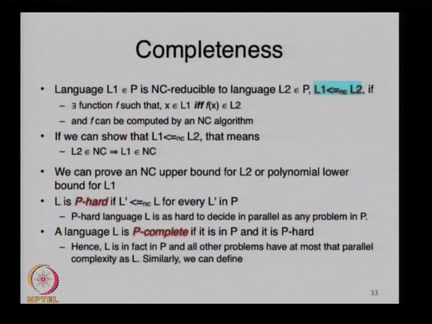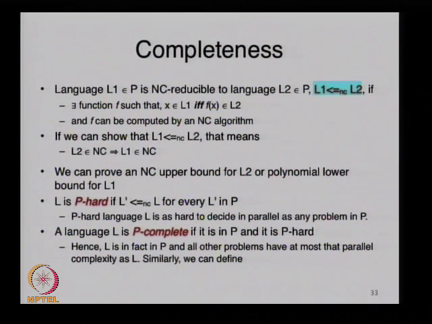And so we say L1, which belongs to P, is NC reducible to another language L2, which also is a polynomial language, which means its recognition can be done in polynomial time. Then we use this notation that L1 is less than or equal to sub NC L2.